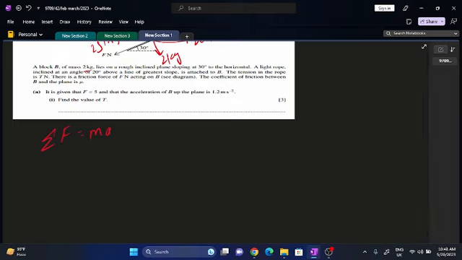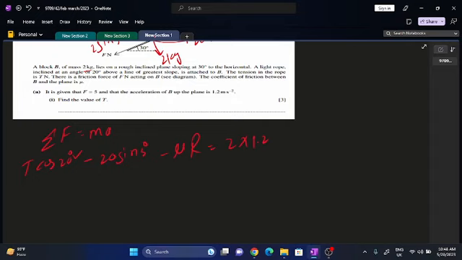The forward force will be T cos of 20 degrees, and this 20 sine of 30 degrees is in the backward direction, minus mu R, which is equal to 2 times 1.2. Why do I consider mu R? Because it's given that there is frictional force. Friction opposes the motion, so it has a negative sign, minus mu R.